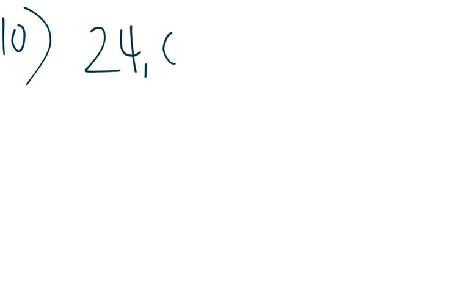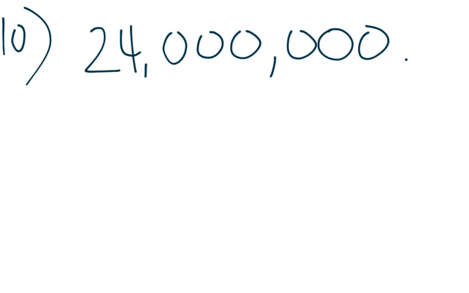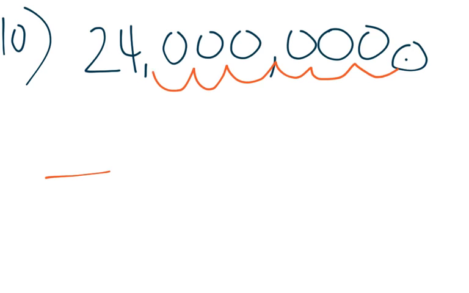Okay, so for number 10, it says write each number in scientific notation. Right now it is in standard notation, so we have 24 million over here, and the decimal is over here. If we want it to be in scientific notation, we want the first number to be in between 1 and 10. So we move it 1, 2, 3, 4, 5, 6, 7.